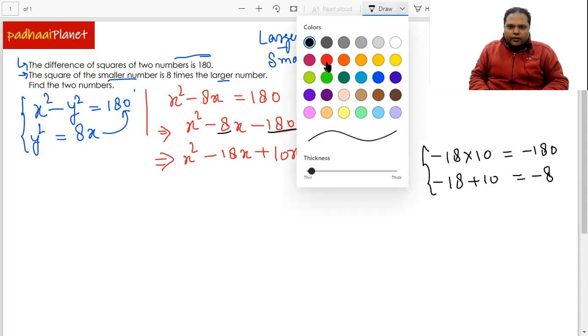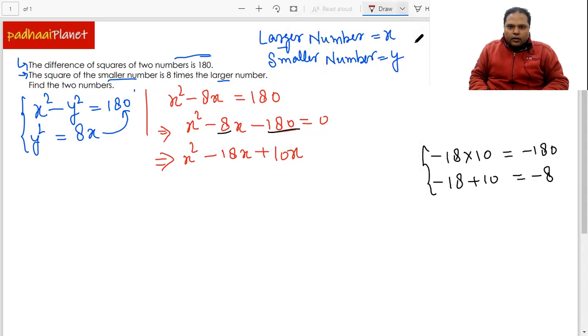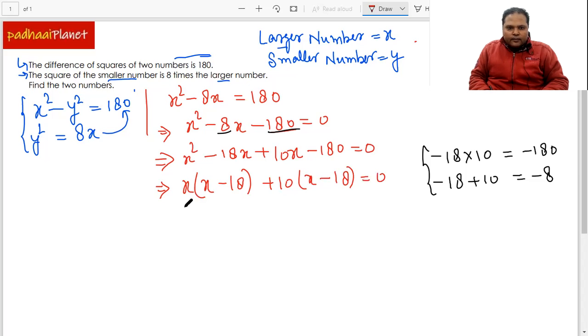Now taking the question further, we will simply write minus 180, and that's equal to 0. And now it is a very simple thing which is left. x being taken common, it's x minus 18, and then I take plus 10 common. So what I get here is x minus 18 again, and that's equal to 0.